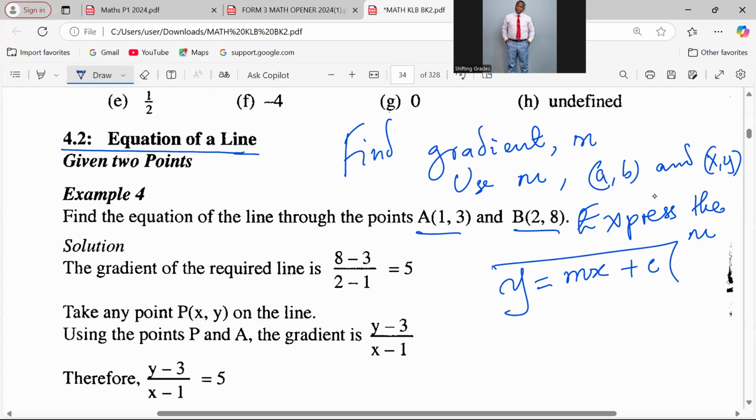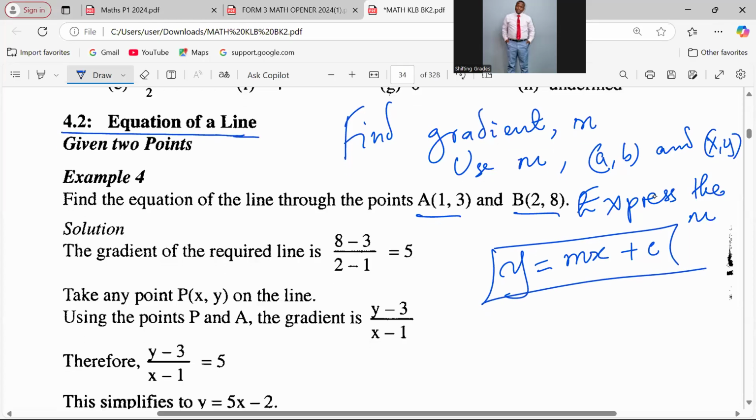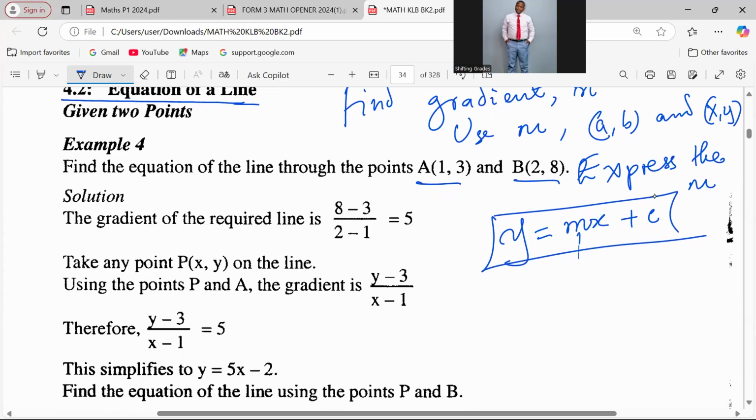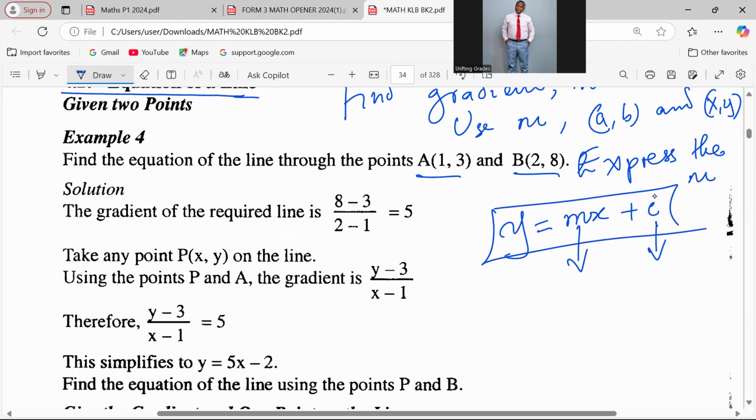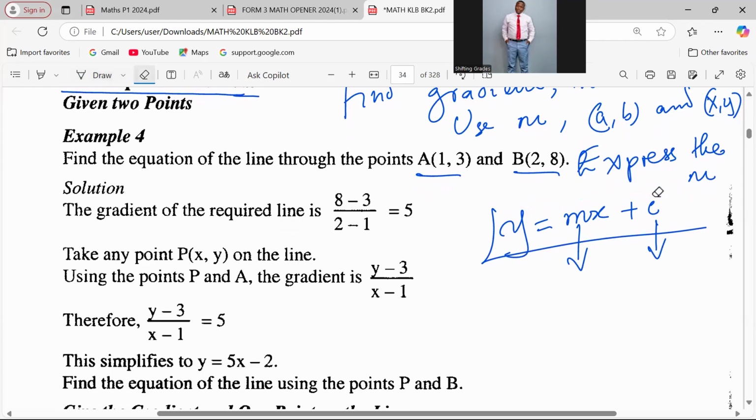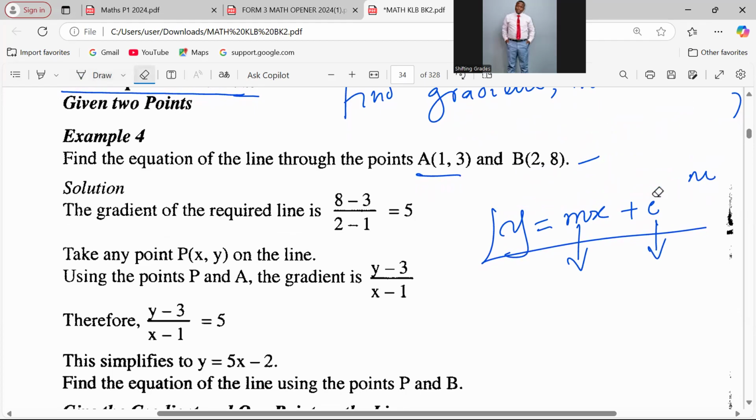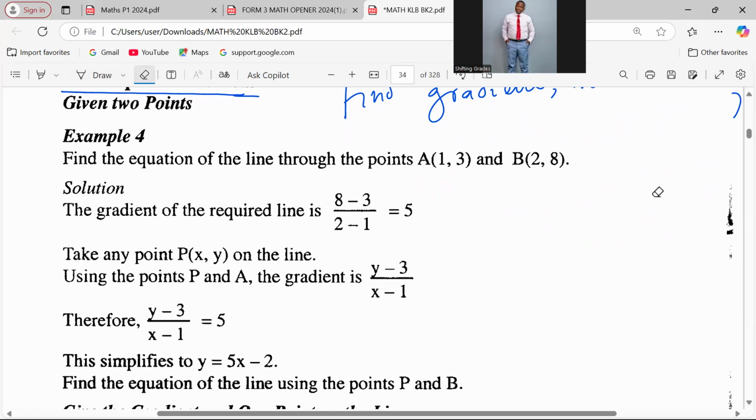You can express the general equation to this format. Later, we will be knowing what m is and what the value of c is. Look at this example so that we may save our time. I want to go directly to the example which has already been provided.